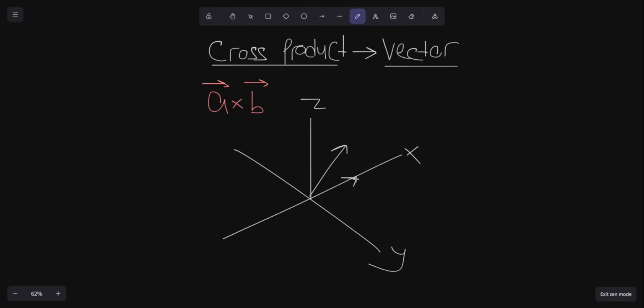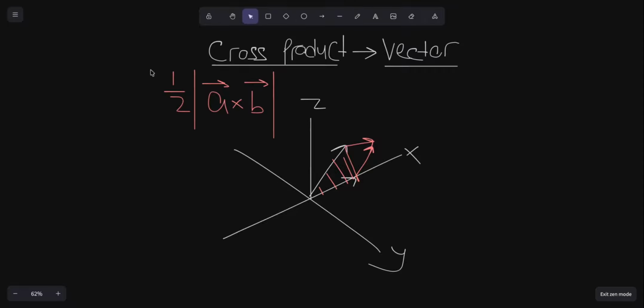If you want to find the area of the triangle, so this is the parallelogram, but if I want the area of this triangle right over here, that's just half the area of the parallelogram. And we said we can find the area of the parallelogram by taking the magnitude of this new vector that's perpendicular to the other two.